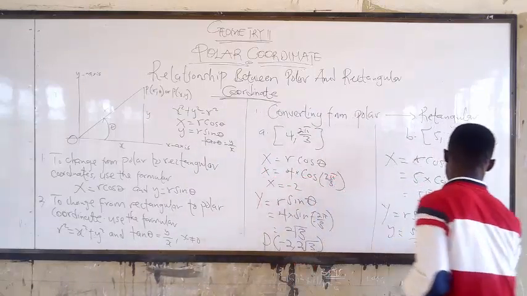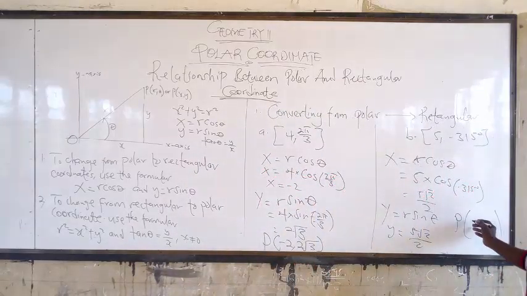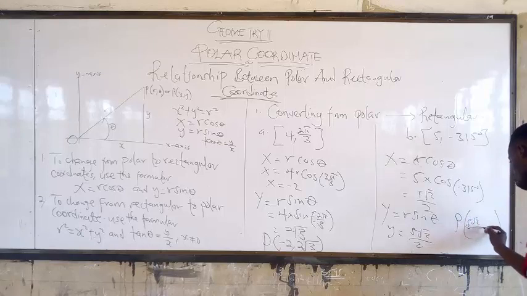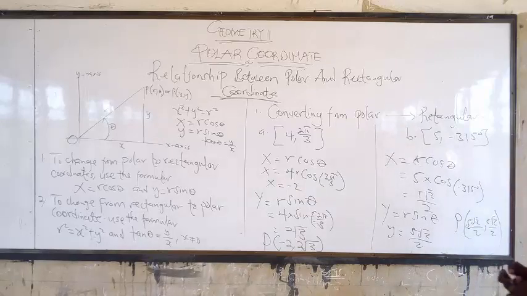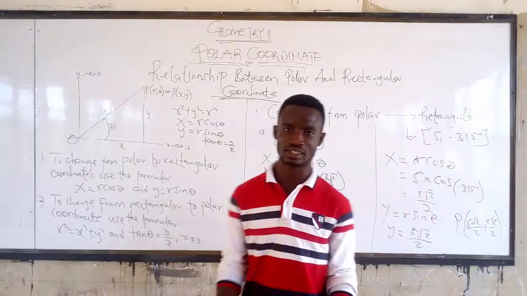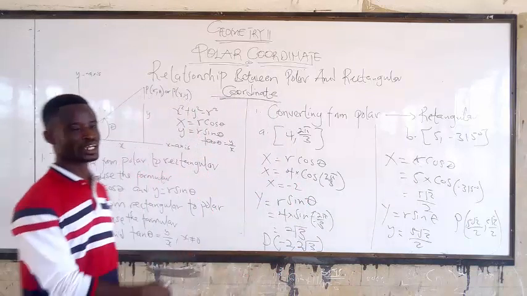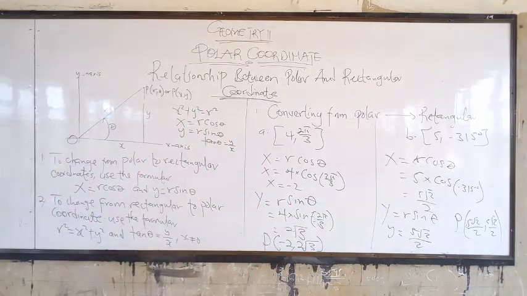So therefore, our point is going to be 5 root 2 all over 2, comma 5 root 2 all over 2. So that's how we change from polar to rectangular. We will be looking at changing from rectangular to polar.